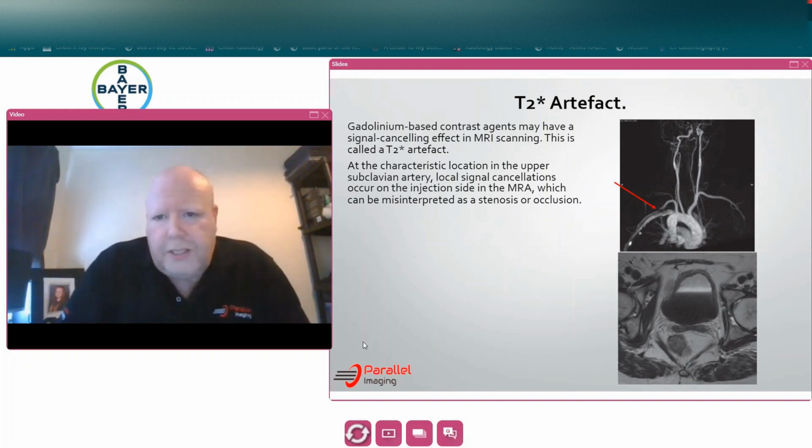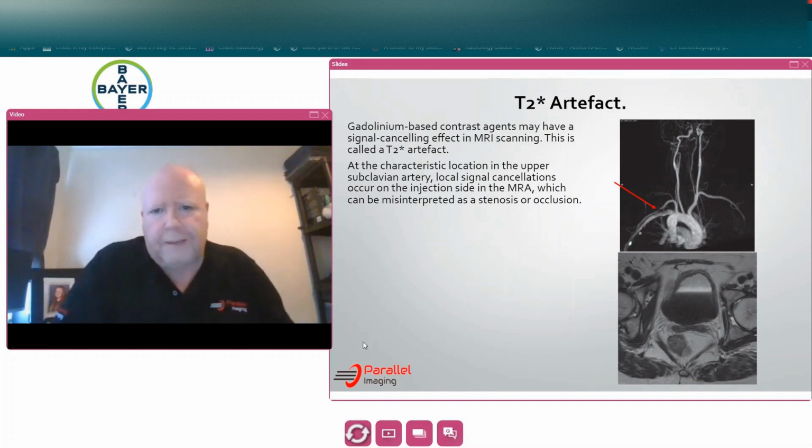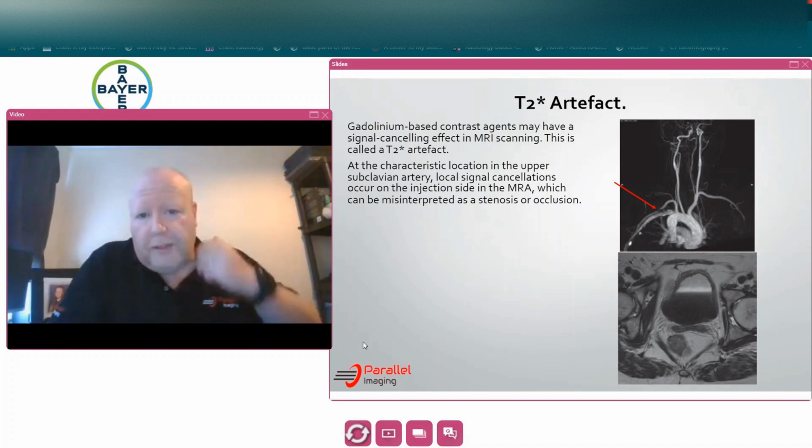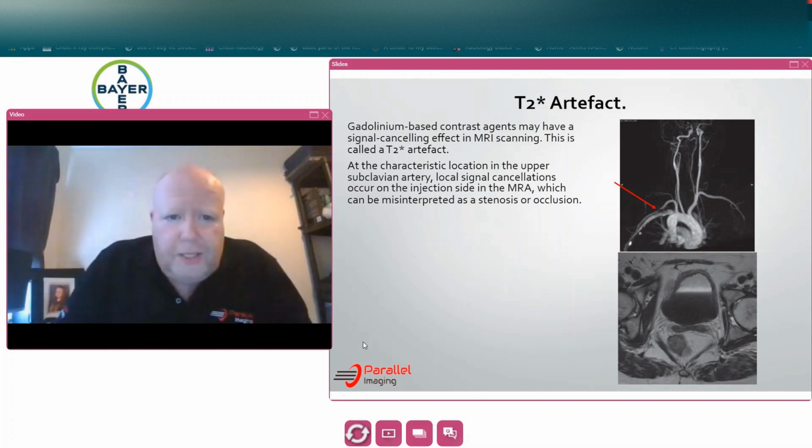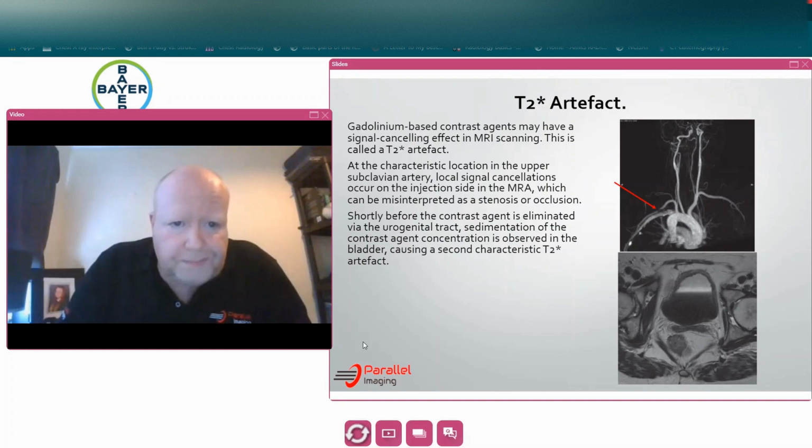Now, you don't see this all over the body, but the main location is in the upper subclavian artery, where you tend to get local signal cancellations occurring on the injection side within the MRA acquisition, and this can be misinterpreted as a stenosis or occlusion.